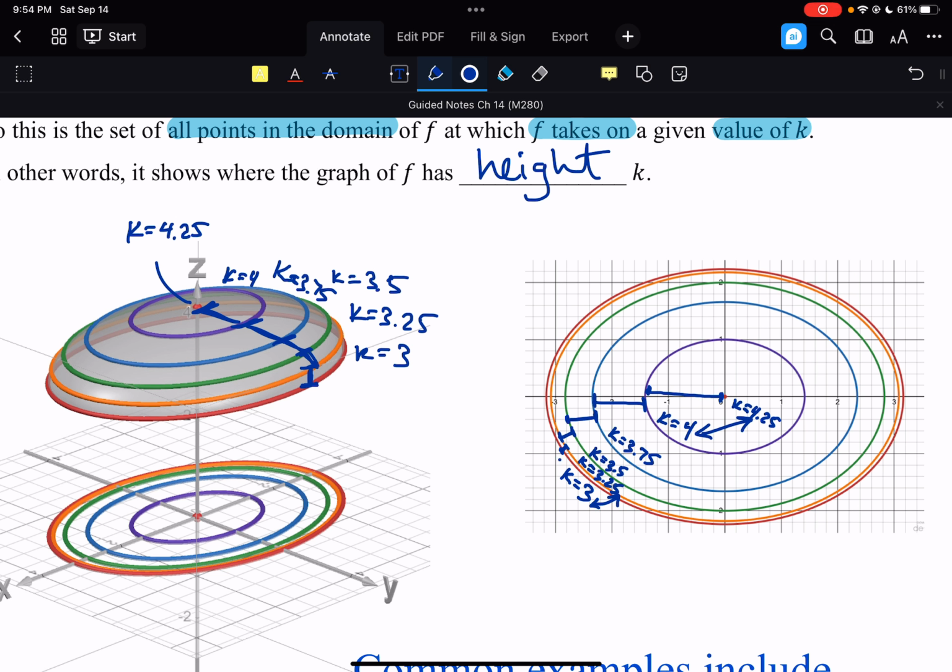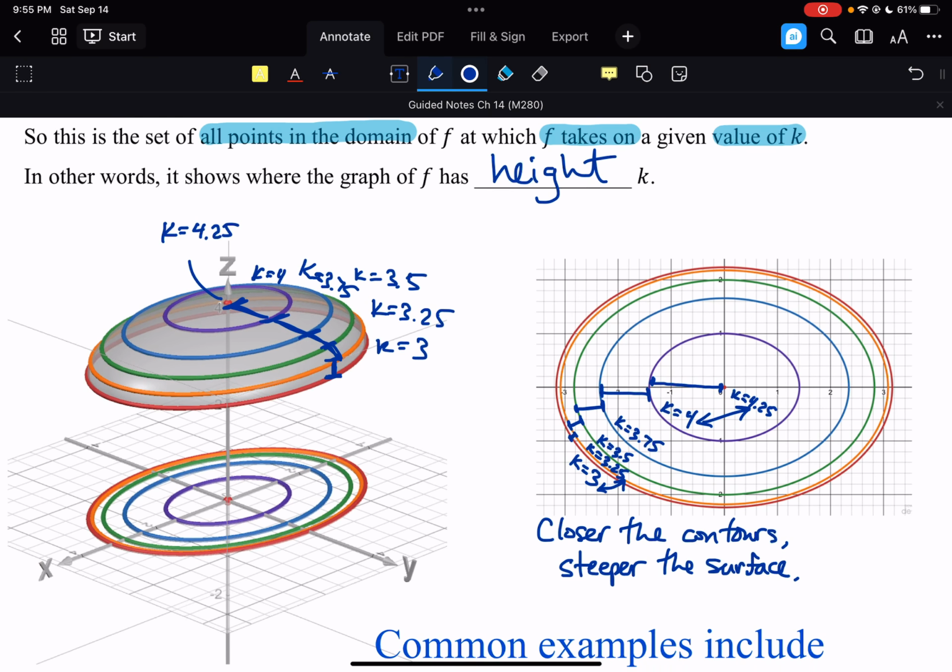So the closer the contours are together, the steeper the surface. Okay, so closer the contours, steeper the surface. And by the same token, the wider the contours get, the more shallow, or flat, the surface is.